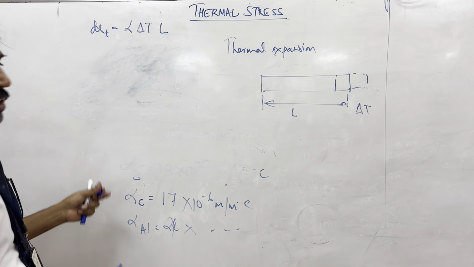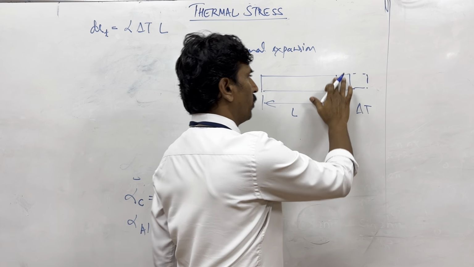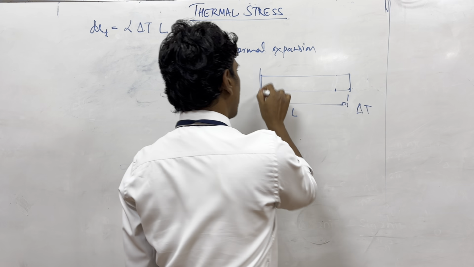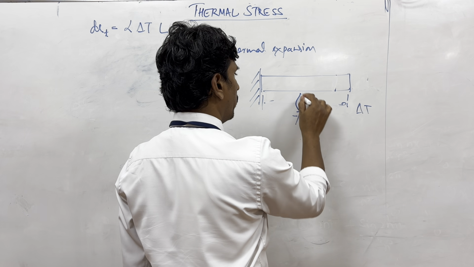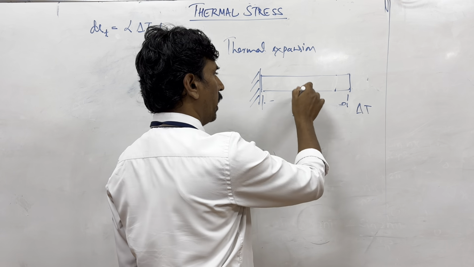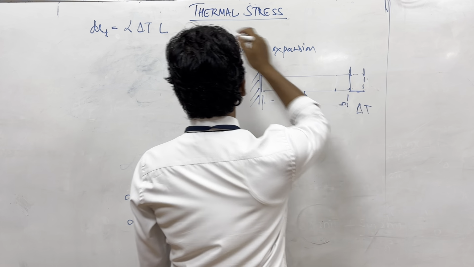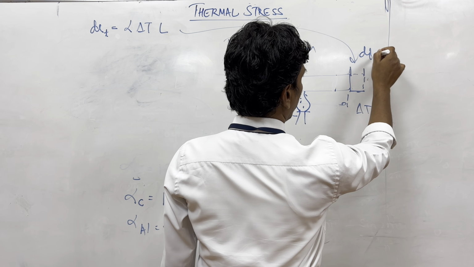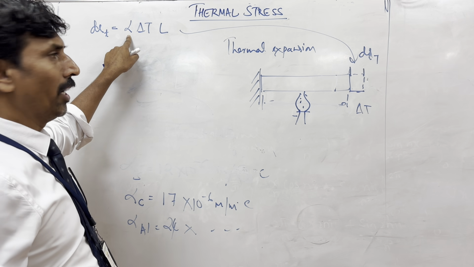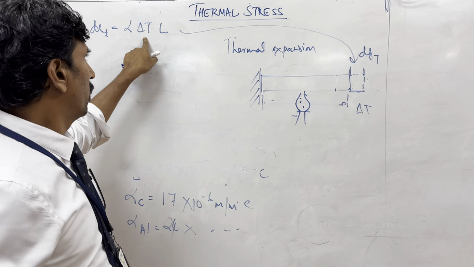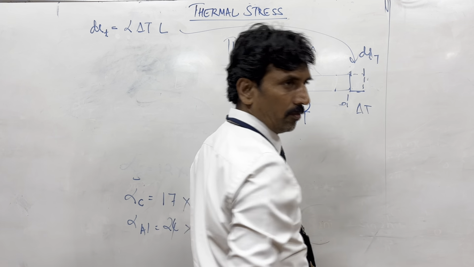Now imagine this body is like this, and you are trying to heat this body. Maybe you have a flame here, and you are heating it. Now this body would expand, and how much it expands is given by this formula: dLT is the coefficient of expansion, 12 into 10 to the power of minus 6 for steel, multiplied by increase in temperature, multiplied by the original length, which gives you the increase in length.